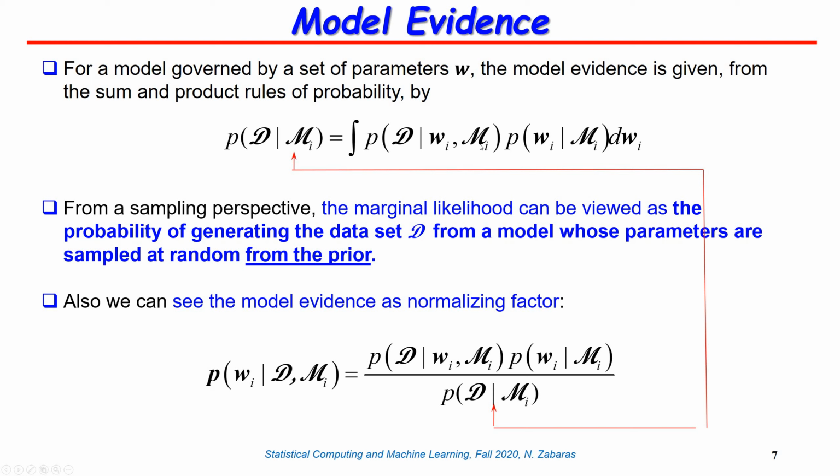So this is the way that you need to interpret this marginal likelihood: it is the probability of generating data D by randomly sampling from the prior of your model and using your likelihood model.